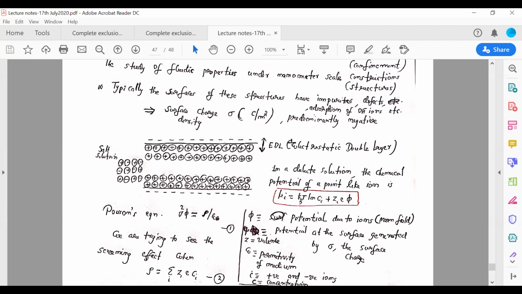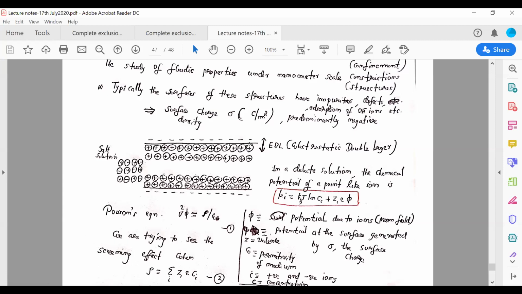This is known as concentration polarization, or concentration enhancement. Inside the nanochannel, because of the surface charge, the nanochannel concentration is much larger than the bulk concentration. This is an important point you should remember. Also you see this is a double layer of charge: this is negative charge and this is positive charge.